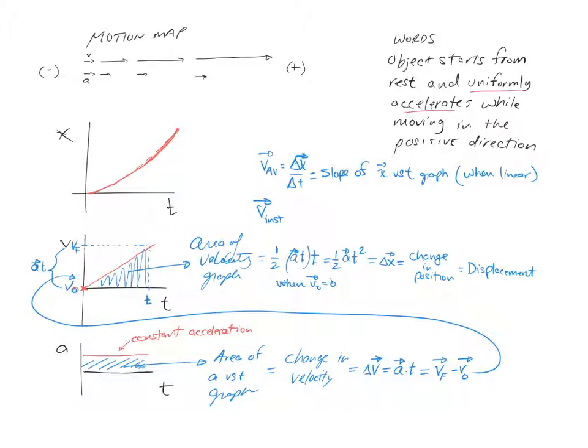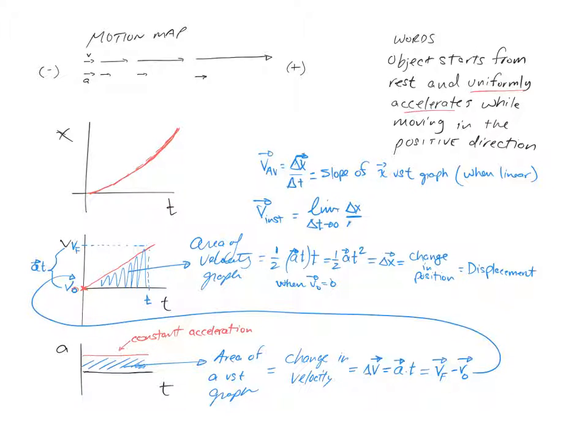When you have a curved position time graph, as you do in this case, you would have to do something called taking the limit. This is a calculus term, but I'll write it out first and then explain. You're taking the limit as your two moments in time get closer and closer together. That is, the change in time is approaching 0. You're taking the slope of your position time graph, but since it's a curve, you can't really take the slope of the curve. You have to take the slope of tangent lines.